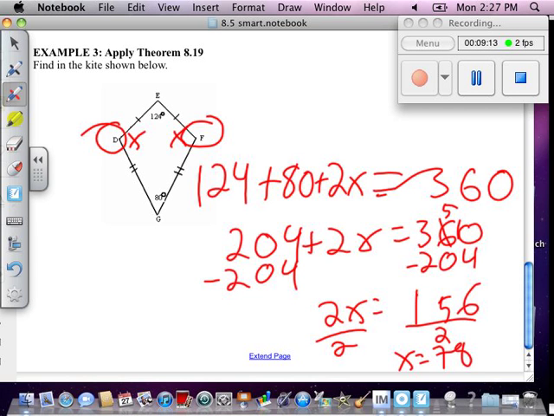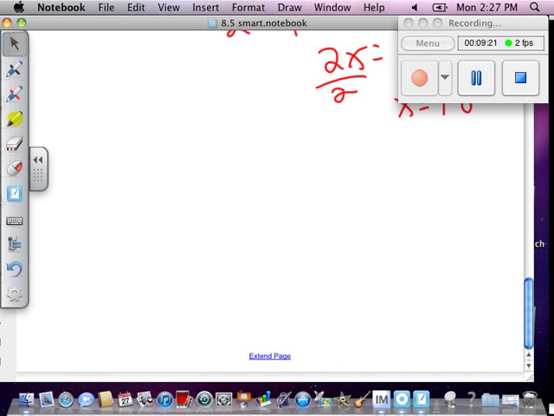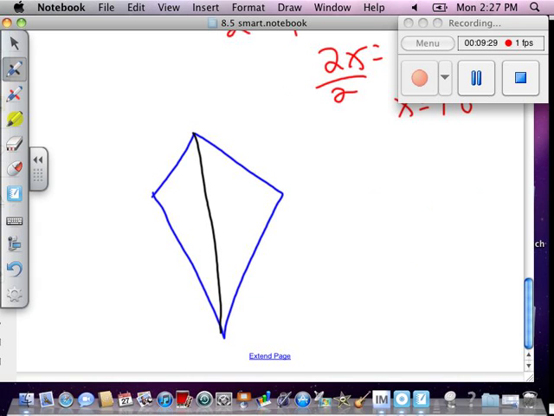Okay, I'm going to put one more thing up here that I want you to copy down because it's going to be very like your homework. If I have a kite, and I have the diagonals, and I know the length of the diagonals. For example, this is 3, this is 3, this is 4, and this is 9.